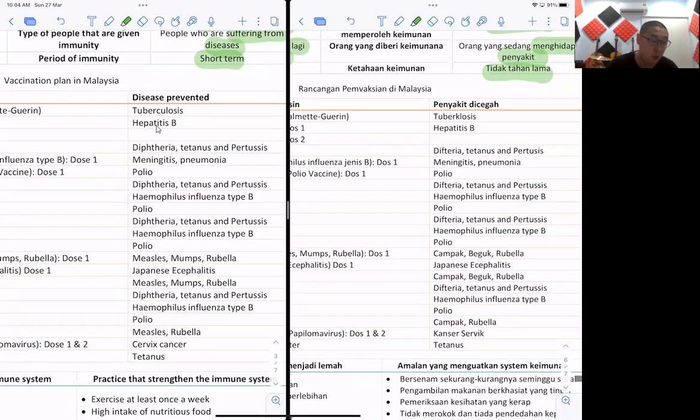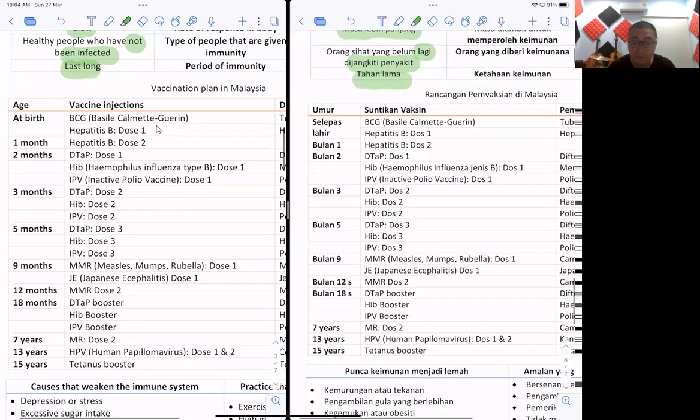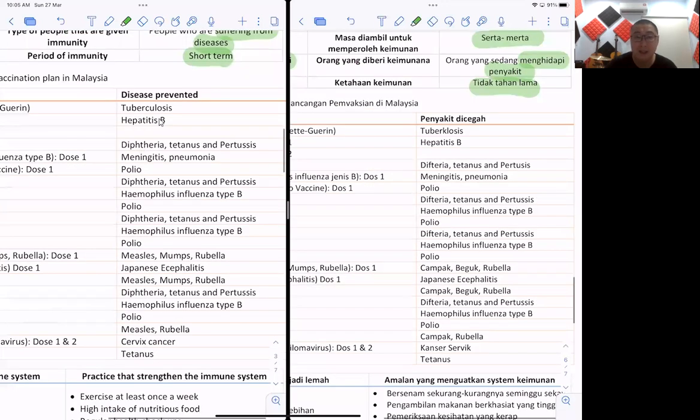Tuberculosis is actually one of the deadliest diseases, acting similarly to COVID-19, whereby you cough until blood and everything comes out. Because of the power of the vaccine, we are this close to eliminating it close to 100%.